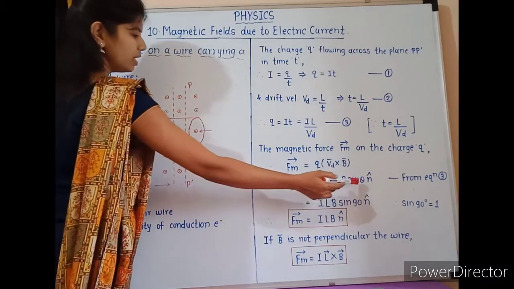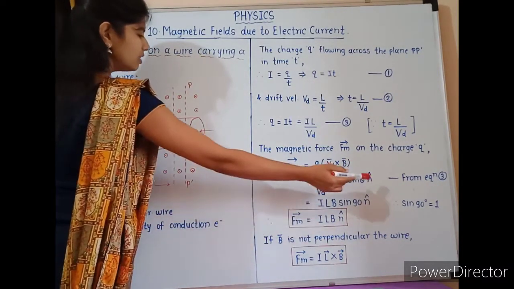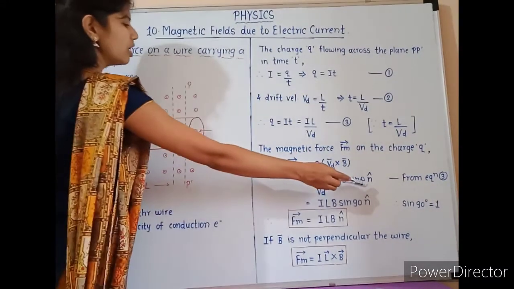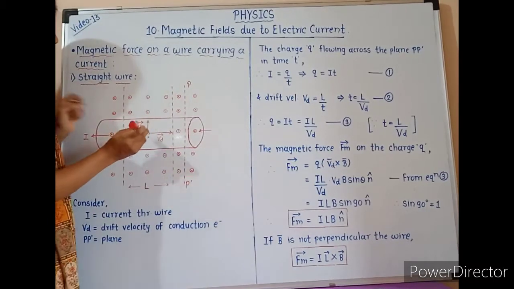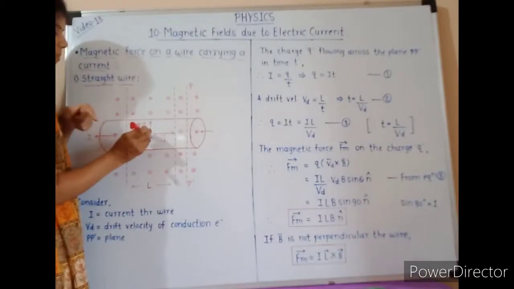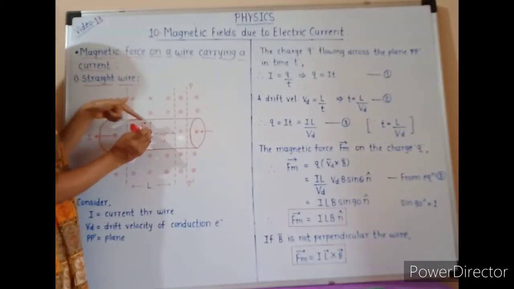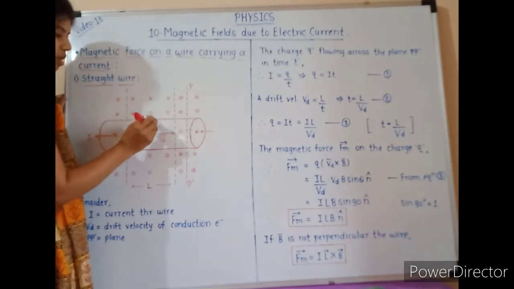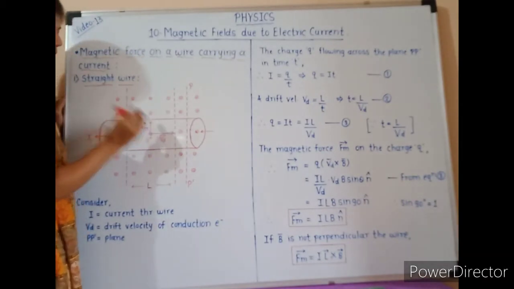Vd B sin theta into n cap, and this n cap is the unit vector which is perpendicular to this magnetic field B bar as well as this drift velocity Vd, because it is in the direction of Fm bar, that is magnetic force.